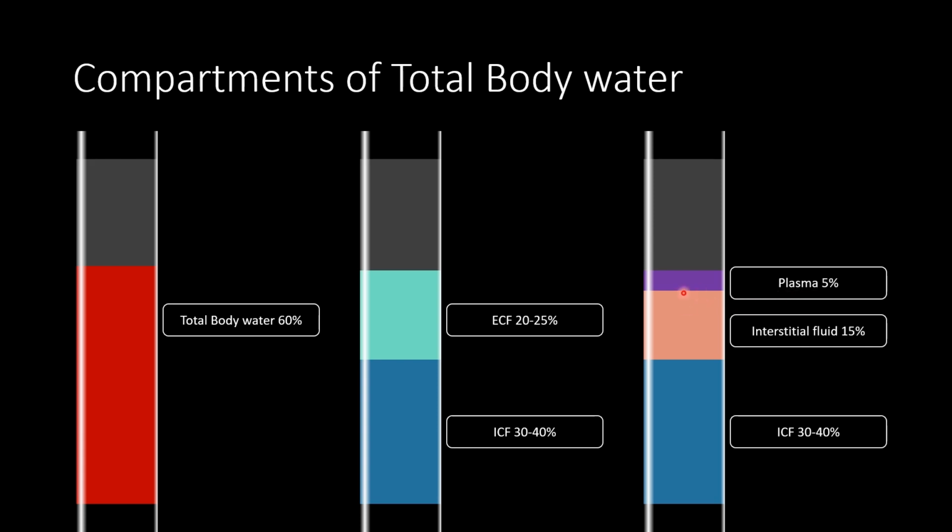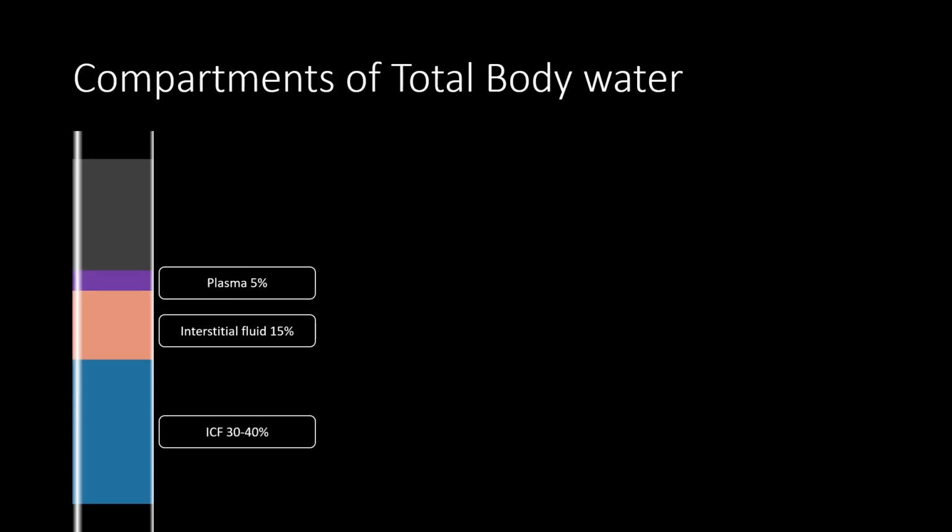So out of the total body weight, 60% is the total body water. That 60% is divided like this: the intracellular fluid is 40%, the extracellular fluid is 20%, out of which 15% is interstitial fluid and 5% is plasma. So these are the compartments of total body water we just discussed.